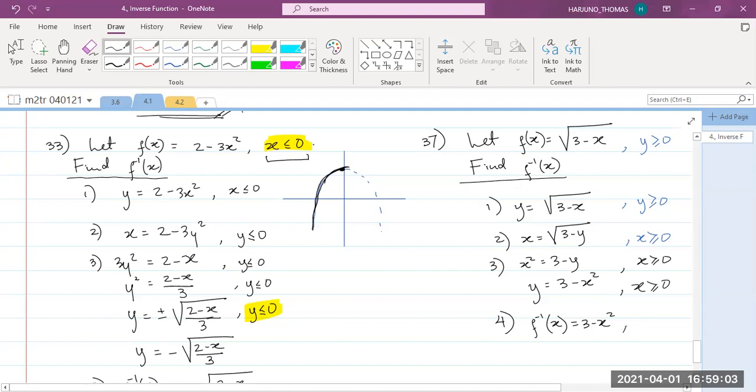So this function, f inverse x equals 3 minus x squared, is not one-to-one until you restrict the domain of that inverse function. But to restrict the domain of the inverse function, you need to know the restriction of the range of the original function.